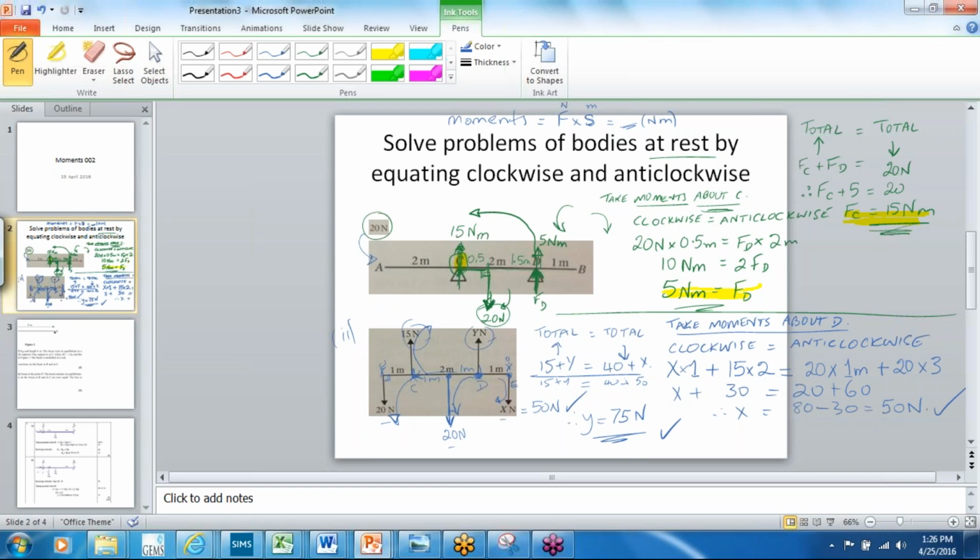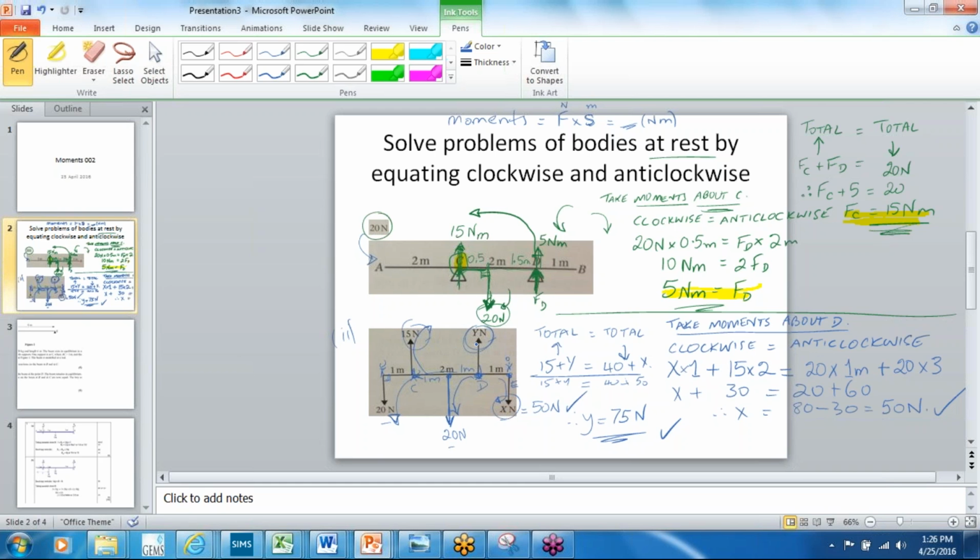Okay. So this is just a warm-up activity for calculating forces that are unknown. And there are 2 forces unknown that we had to discover. X had to be 50 and Y is 25 Newtons.